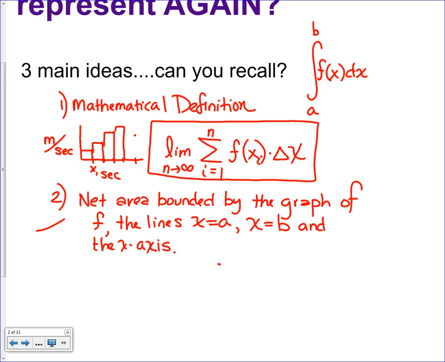That was our current geometrical understanding of that integral, and we will still hold on to that, but we're going to broaden that to many, many other quantities.